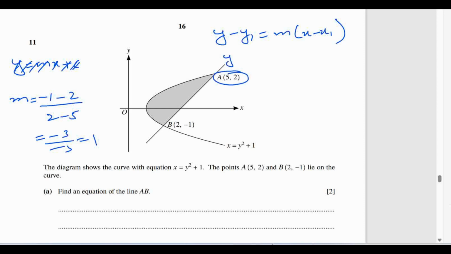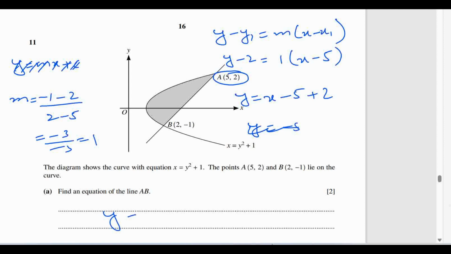So y minus 2 is equals to 1 into x minus 5. So y is equals to x minus 5 plus 2. Let me write over here, y is equals to x minus 3. So this will be the final answer.